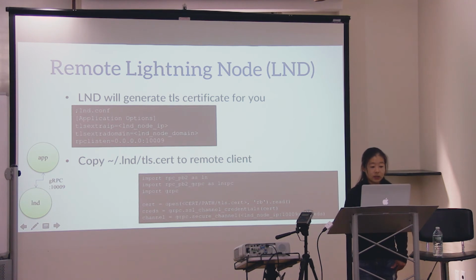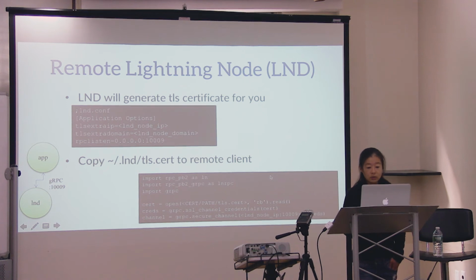In the LND configuration file, you specify the public IP address of your node, and LND will generate a TLS certificate when it runs. You just copy the certificate to the remote client, which is going to be your app, and load up the certificate when you want to access the LND node.